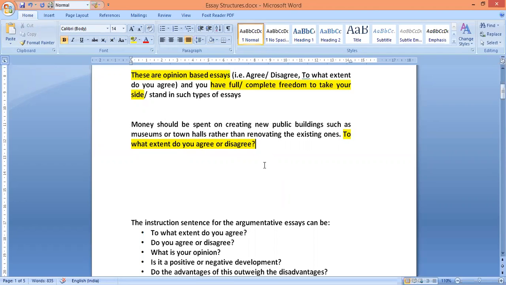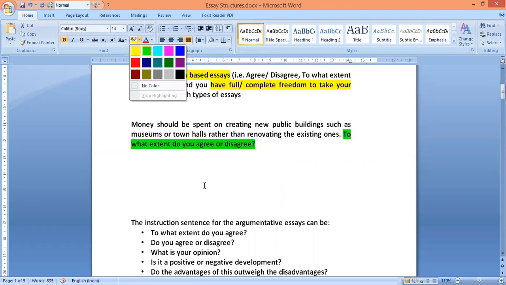So the question is giving you the instruction statement. We call it the instruction statement, which tells you the demand of the question. And the demand of the question is you can either agree, disagree, or partially agree.